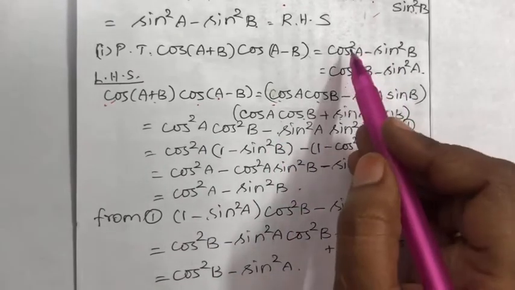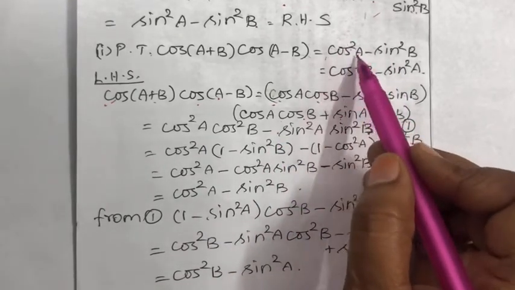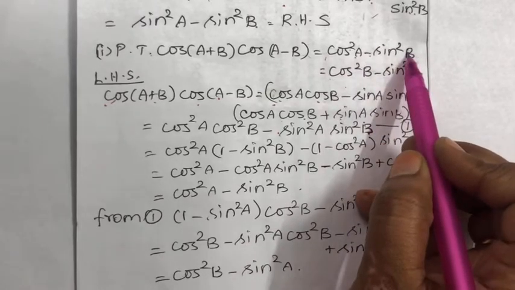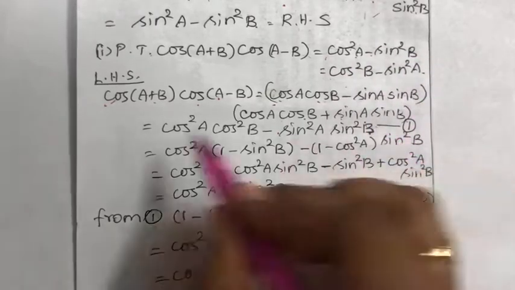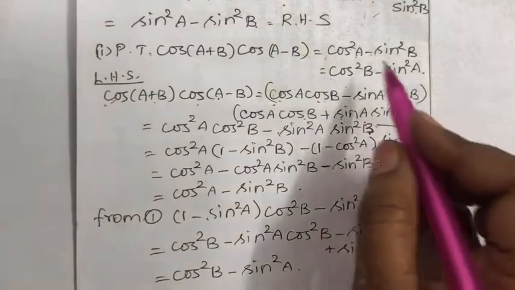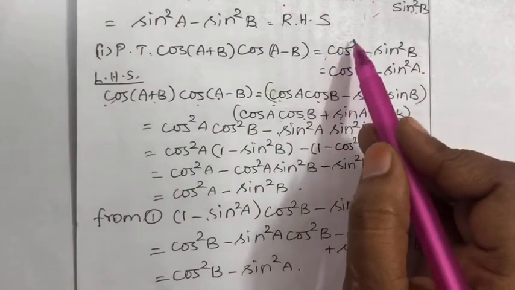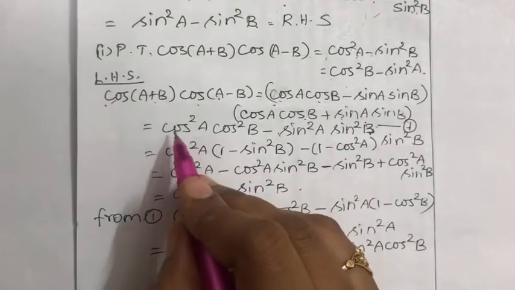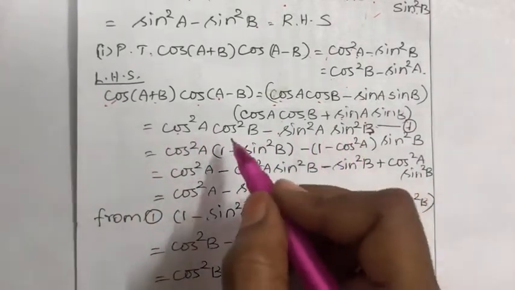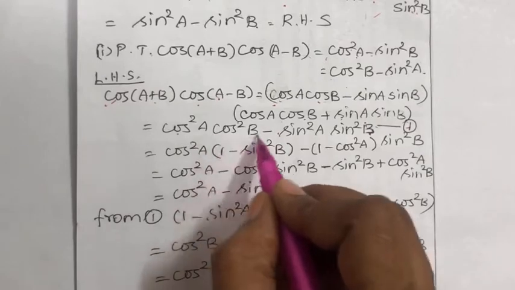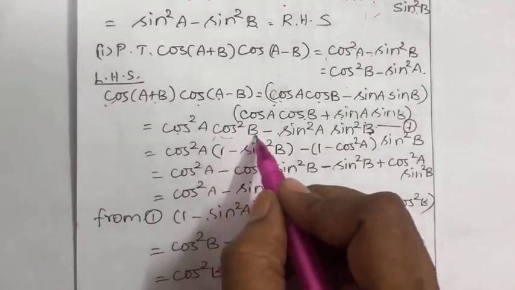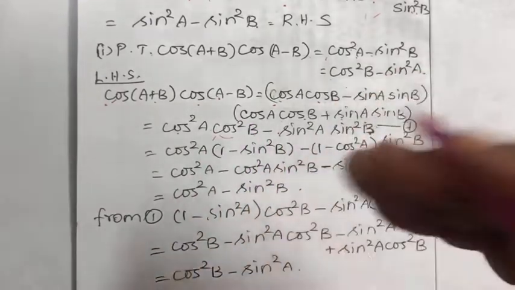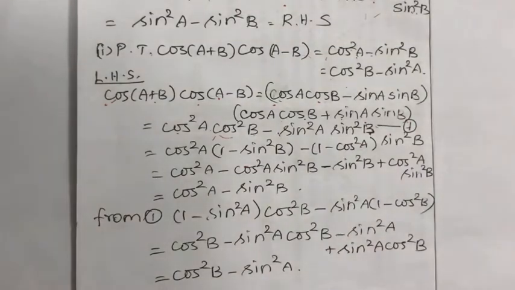Okay, first what we have to prove? We have to prove cos square a minus sin square b. So first let's take this as equation 1. Okay, so cos square a and sin square b we needed. So leave cos square A and sin square B, and then transform cos square B and sin square A into our needed values.